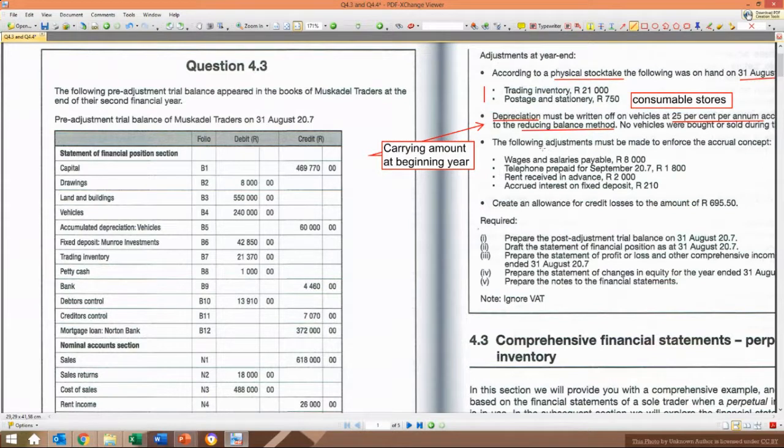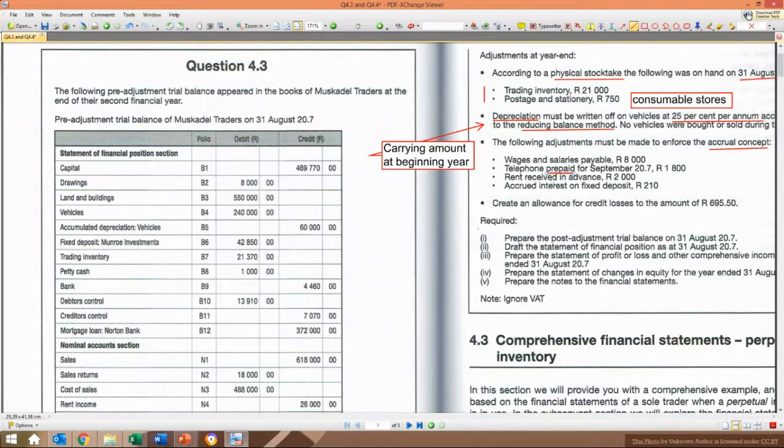Then the next information they tell you, the following adjustments must be made according to the accrual concept. So we've got salaries and wages that are payable of 8,000. We've got a telephone that is prepaid for September of 1,800.